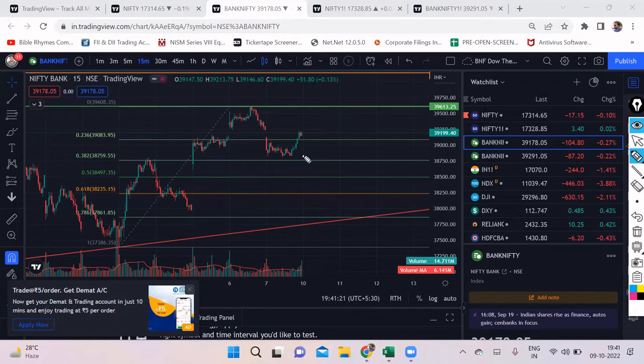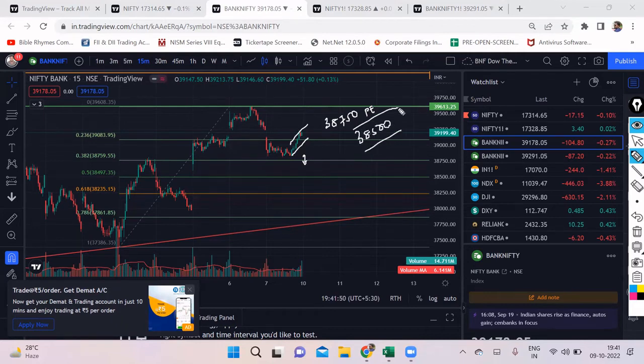In case Bank Nifty opens here and if it breaks this level, that is 38,750, then go short with a strict SL, because the buyers who are here are definitely screwed if it opens here. So we'll buy put, and the next target should be 38,500.